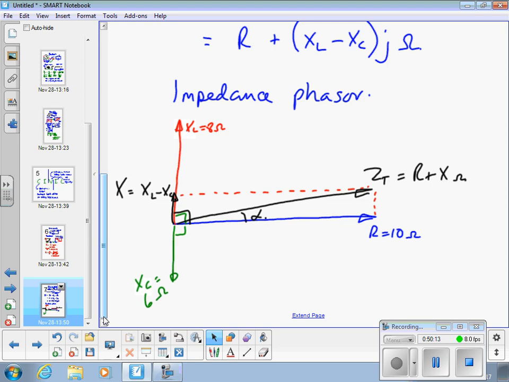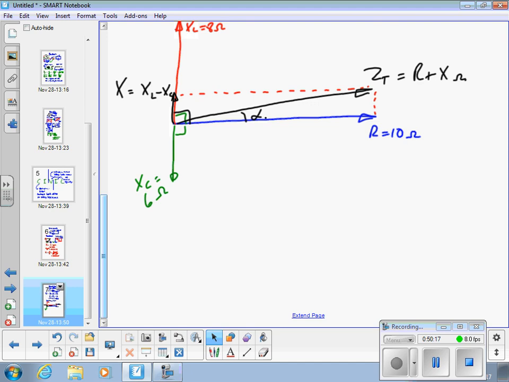Okay, so once we apply that to the question, we end up with ZT is equal to R 10 plus 8 minus 6 J ohms.